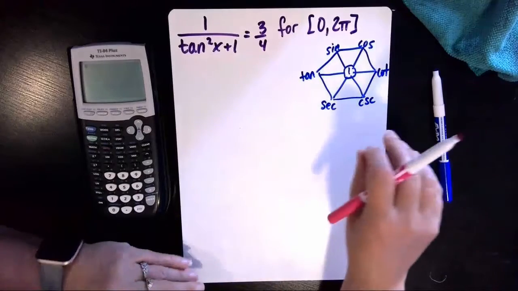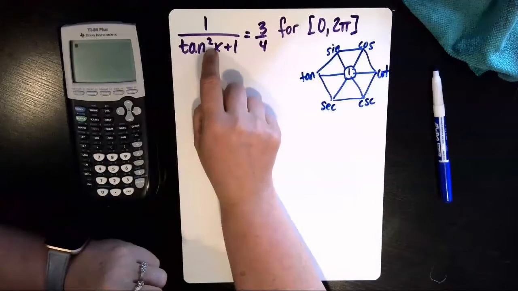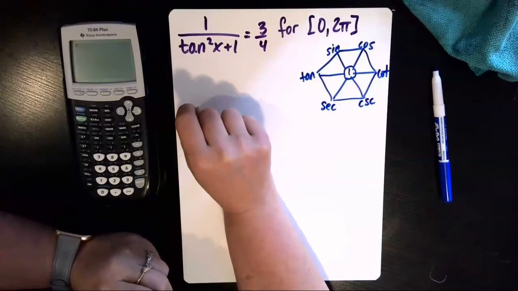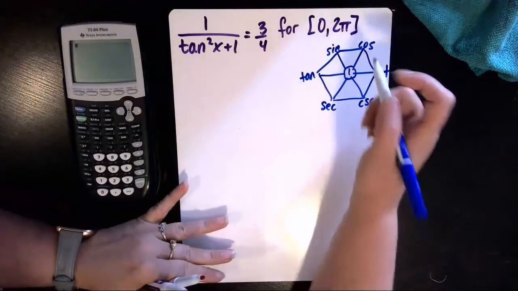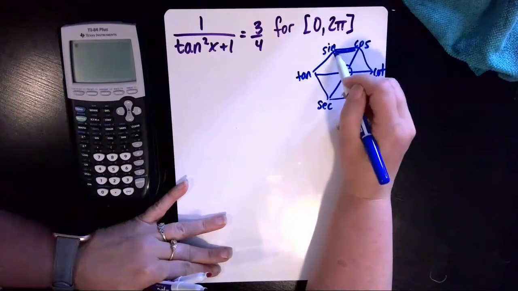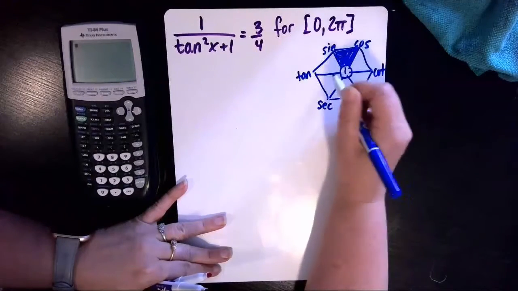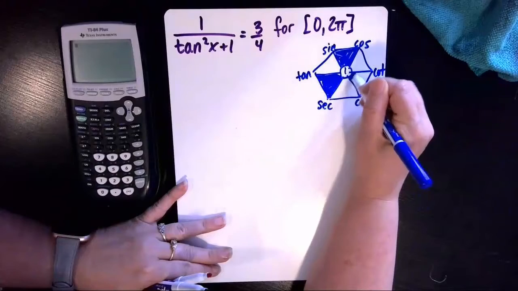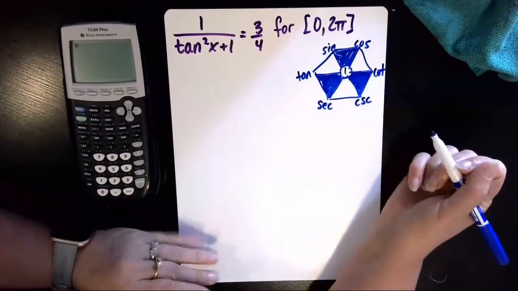So the first thing we want to do is remember that when we see a square in a trig function, that usually clues us in that we're going to look for a Pythagorean identity. So if we head over here to the trig identity hexagon, we can recall that these triangles at the top, the left, and the right sides of the hexagon form our Pythagorean identities.